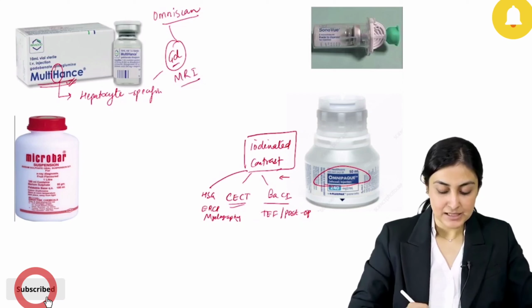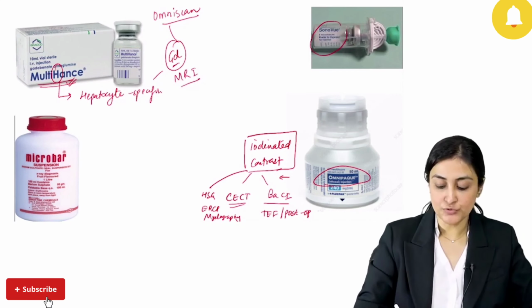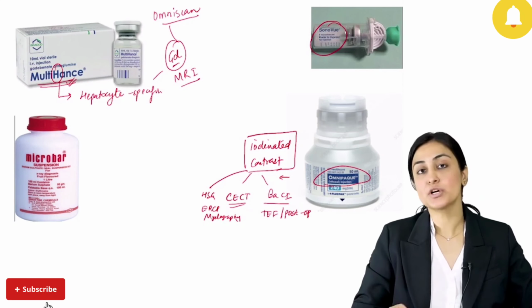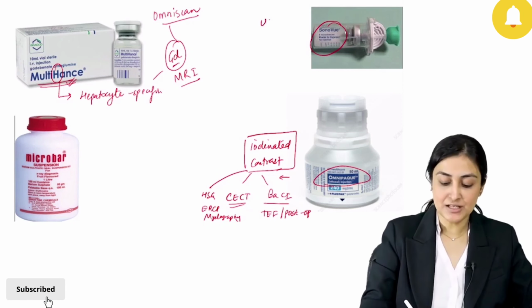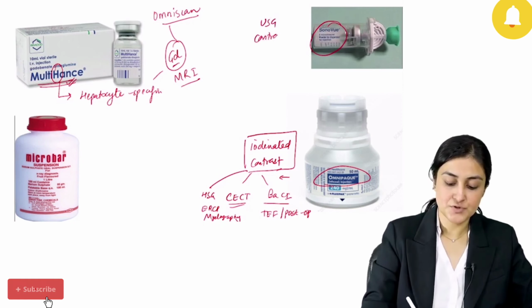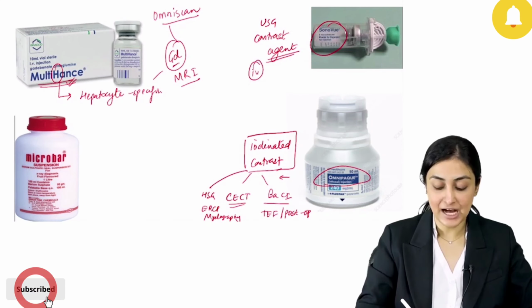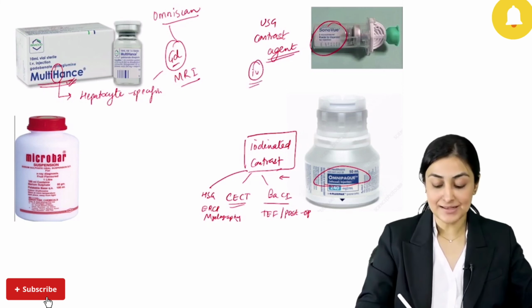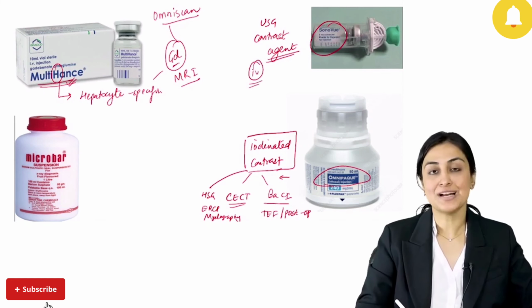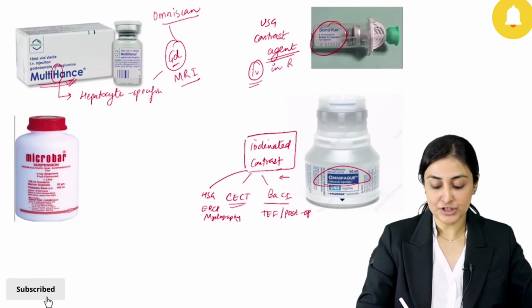Okay. Right, what do we have here? We have SonoVue. So this is again something which is a very important potential question, which is an ultrasound contrast agent. So SonoVue here is an ultrasound contrast agent. The biggest advantage, this is the only IV contrast media that will be safe in patients who have renal failure.